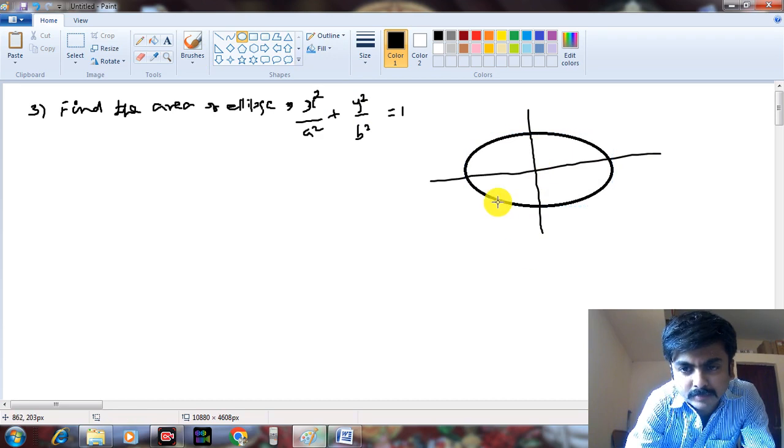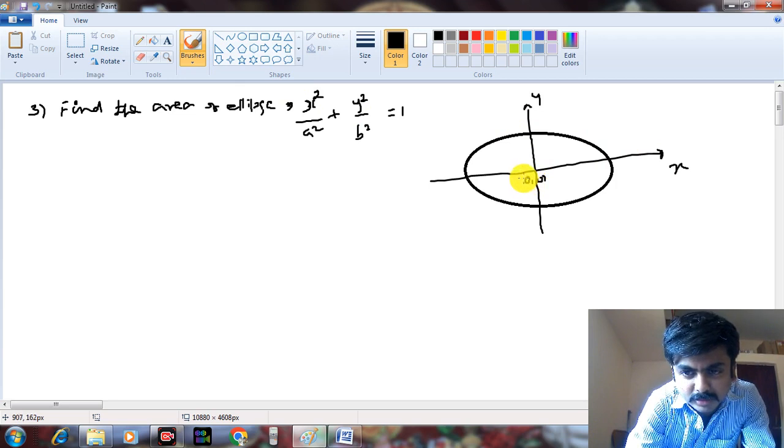Okay, so this is the ellipse corresponding to the equation given there. The center is 0, 0. This is x and this is y. The center point is 0, 0.